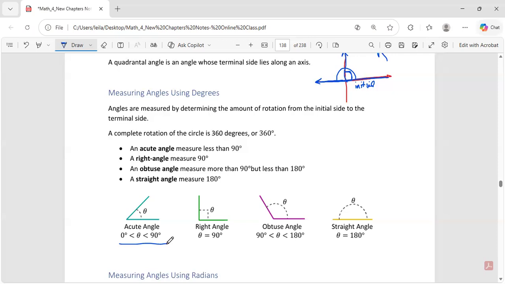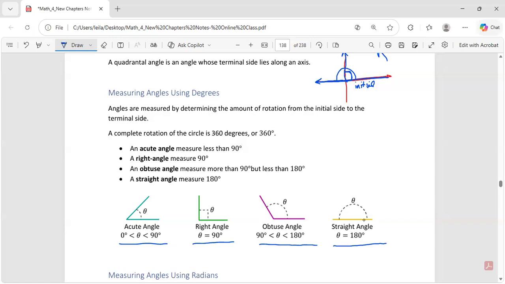Sometimes we have a 90-degree angle, which is called a right angle. Obtuse angles are the angles that are between 90 and 180 degrees, like 120, 135, 150. And a straight angle is an angle that's exactly 180 degrees.